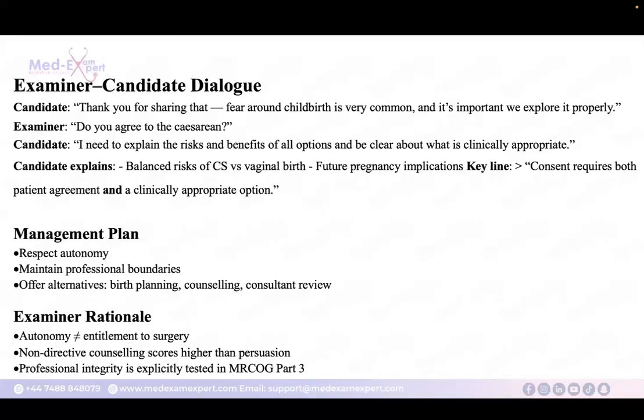discussion of appropriate options. So in this case, the management plan would be to respect her autonomy, maintain professional boundaries, and offer alternatives, birth planning and counseling. And also, you can send her for a second opinion or escalate to your senior.